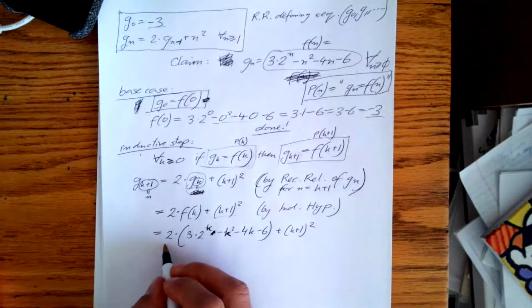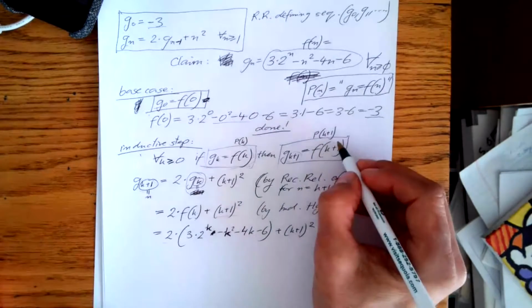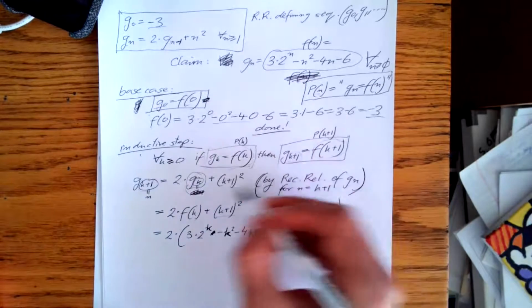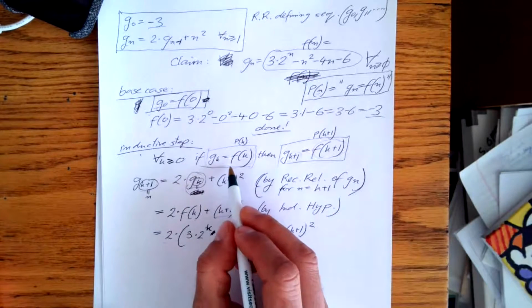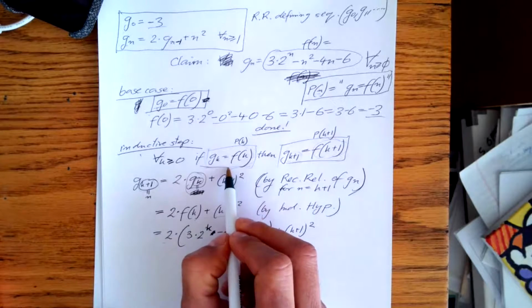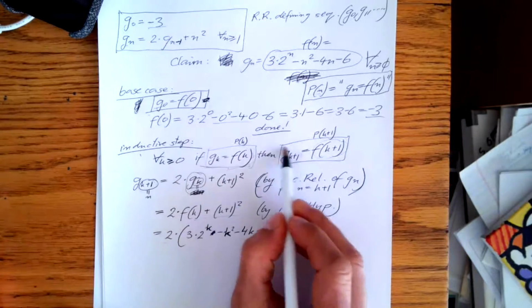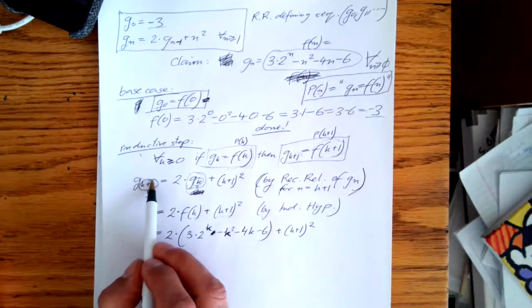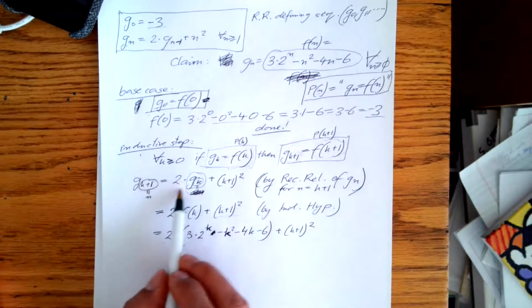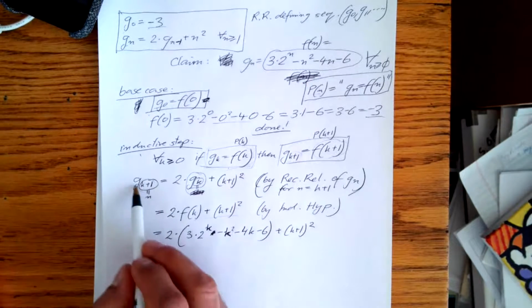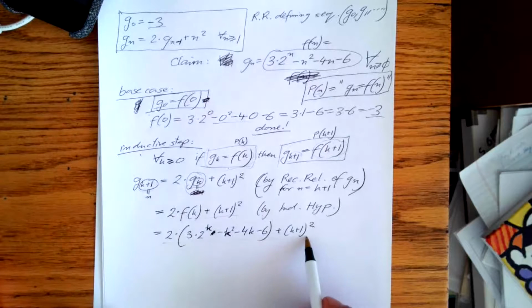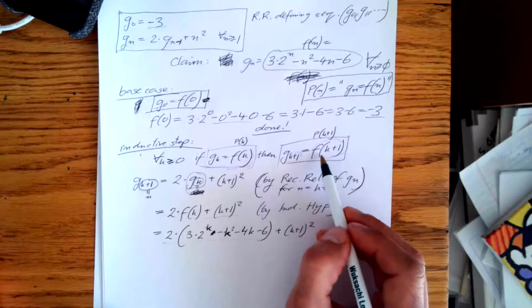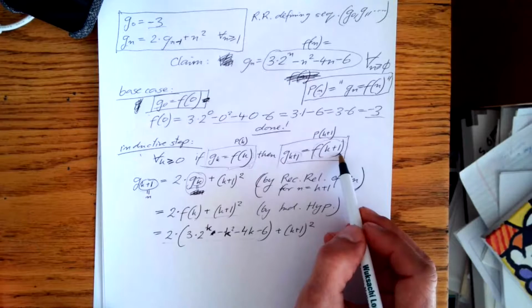Okay, now I somehow have to go from here to here, right? Because my whole goal was to, under this assumption, prove that gk plus 1 is f of k plus 1. I have gk plus 1 here, and by a series of steps, I have managed to replace it by this arithmetic expression. So let's see if it does equal this one.